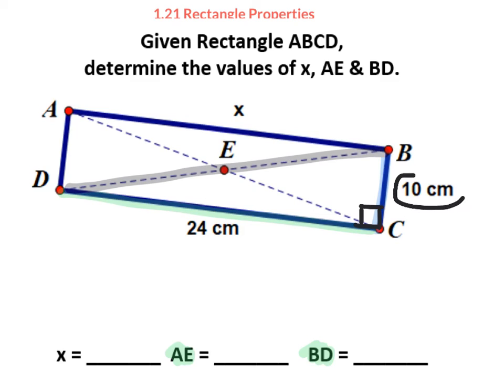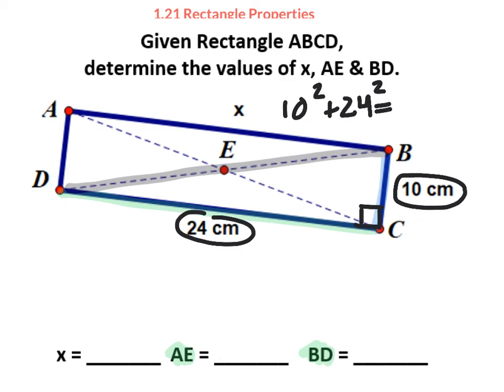And now I can use the Pythagorean theorem, which would say 10 squared plus 24 squared equals, in our case, DB squared. And that would give us a total answer of 26 from one end to the other. Let's see, though.